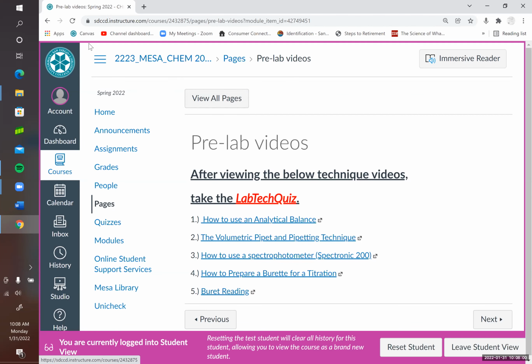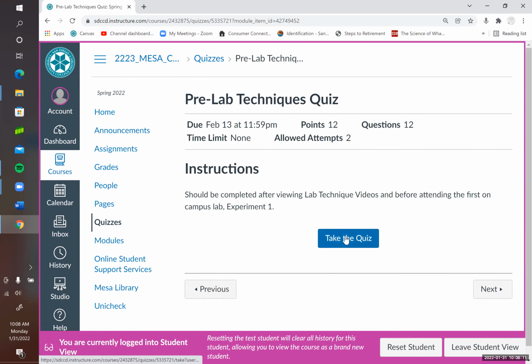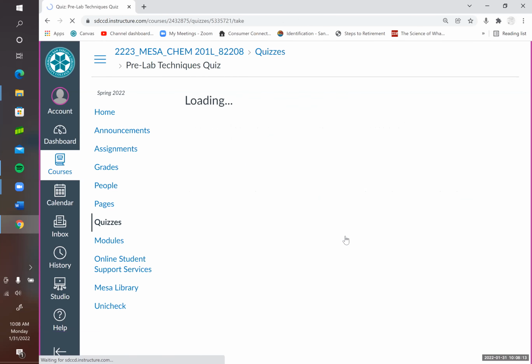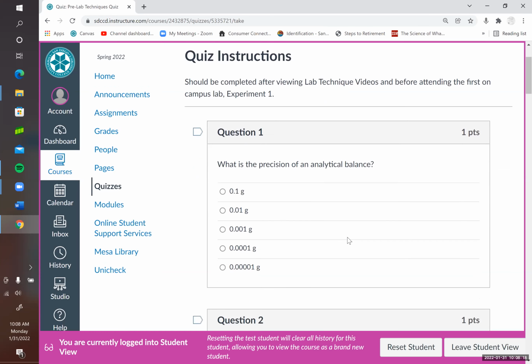And then after you're done checking those out, you can come and take this pre-lab techniques quiz. Okay, so you click on there, take the quiz. You're allowed 2 attempts, and you get the highest score of those 2 attempts.